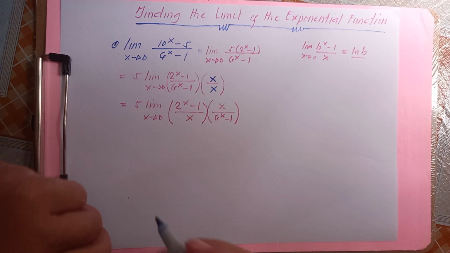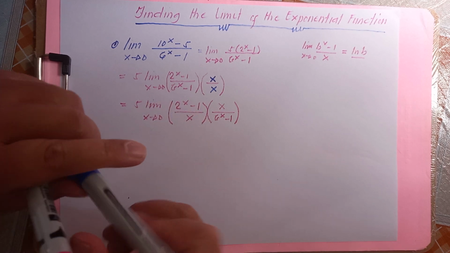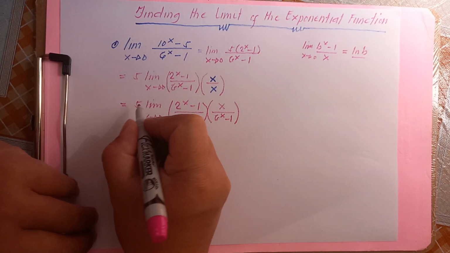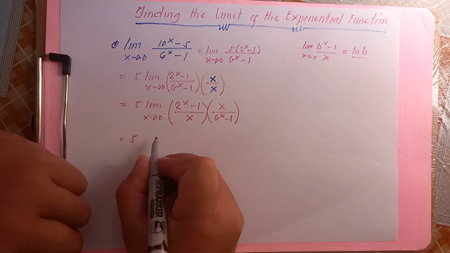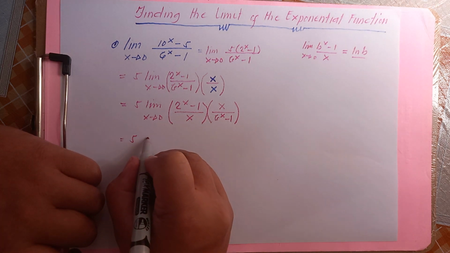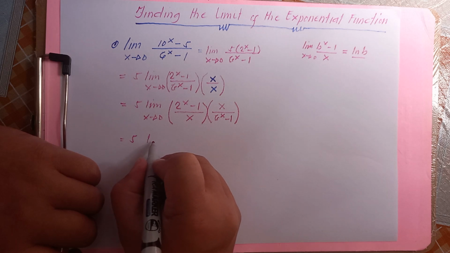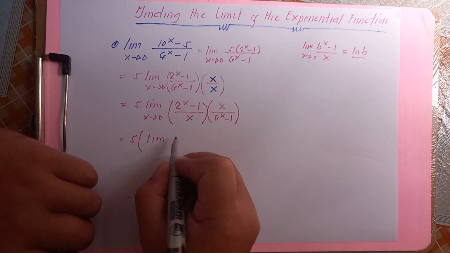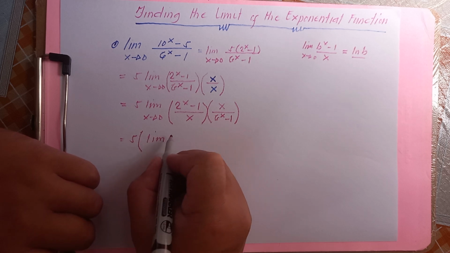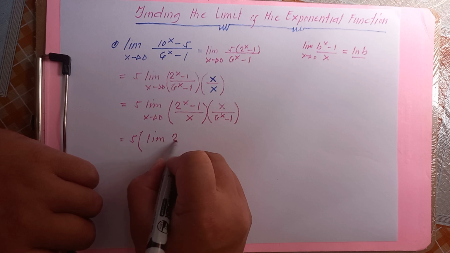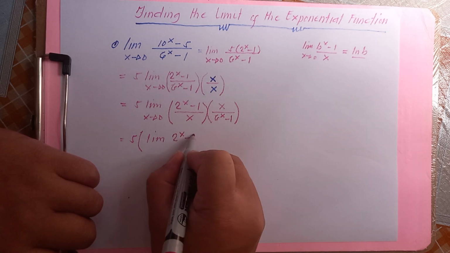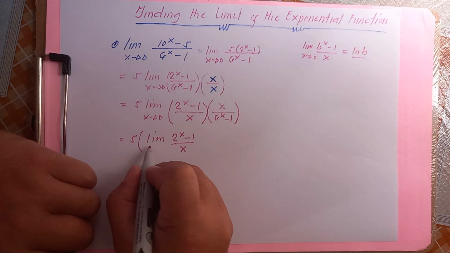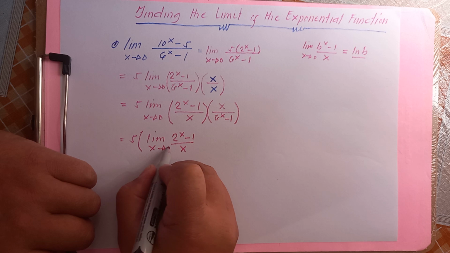Okay, we can distribute the limit by having now the statement saying 5, of course we still have the 5 in here, 5 multiplied by the limit of (2^x - 1)/x as x is approaching 0.